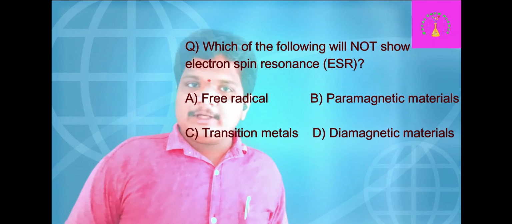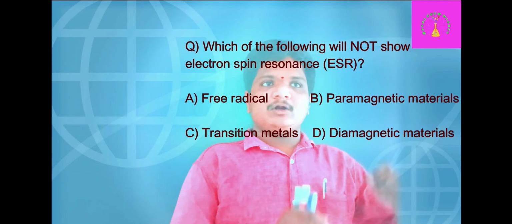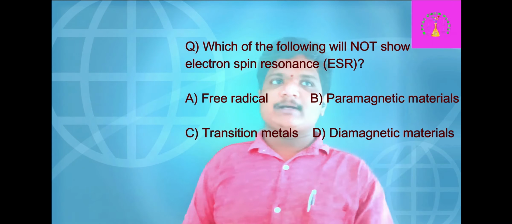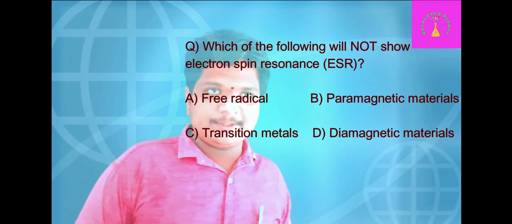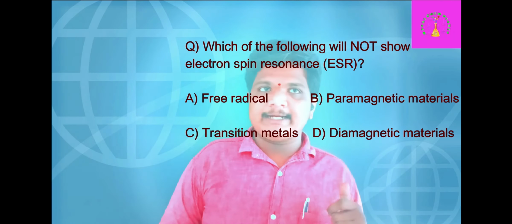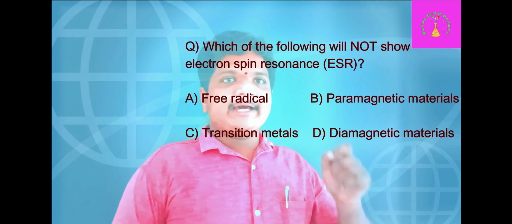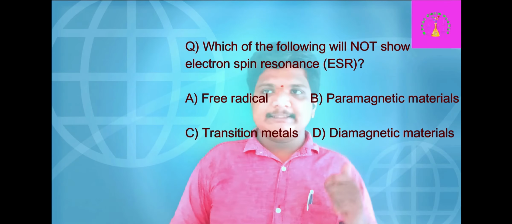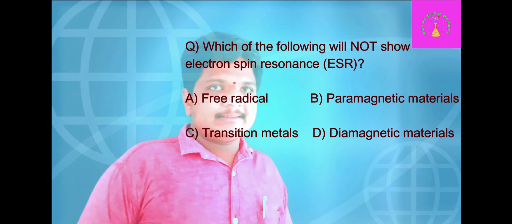Now let us move on to the next question. Which of the following will not show electron spin resonance spectroscopy, that is ESR spectroscopy? Option A is free radical, option B is paramagnetic materials, option C is transition metals, and option D is diamagnetic materials.